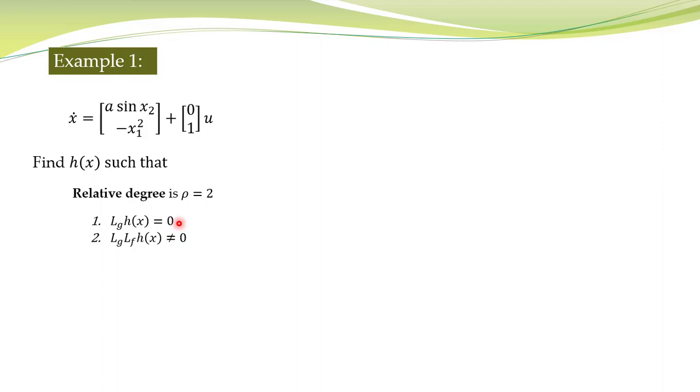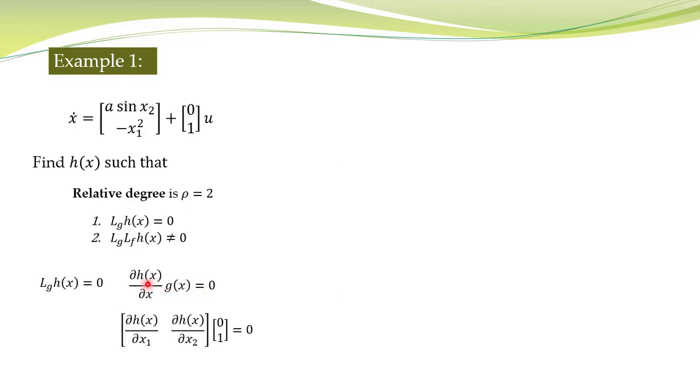So let's first see what is the implication of this first condition. For that purpose, we need to compute Lg h of x, and Lg h of x is equal to partial h over partial x into g of x, and we want it to be equal to 0. So you can easily compute this thing, partial h over partial x. The partial derivative of this function with respect to a vector will be another vector given over here, and this is g of x, which means that partial h over partial x2 should be equal to 0.